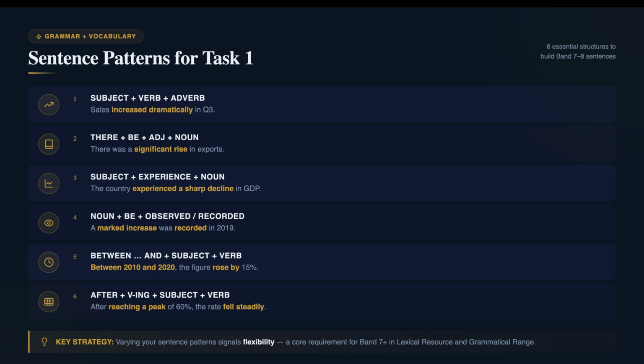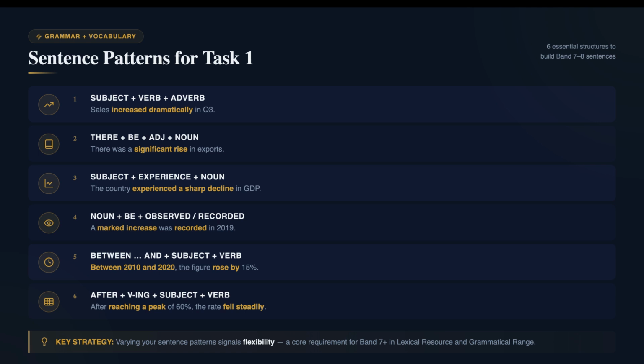Number 4: we have noun followed by verb to be, followed by a verb such as observed or recorded. Let's have a look at the example. A marked increase was recorded in 2019. A marked increase is a noun, or a noun phrase if you want to say that.